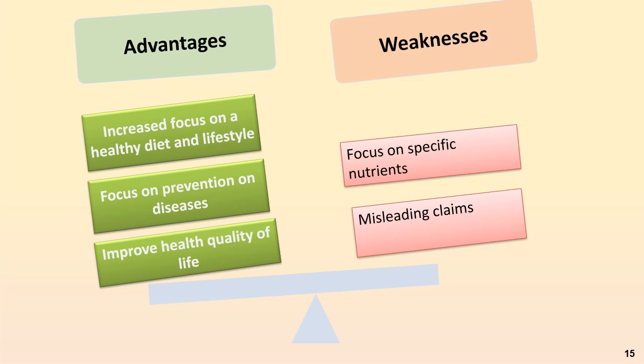And second advantage is the focus on the prevention of disease. How can we cure a disease by incorporating food nutrients and components in the food? This is very useful in the branch of food science technology.